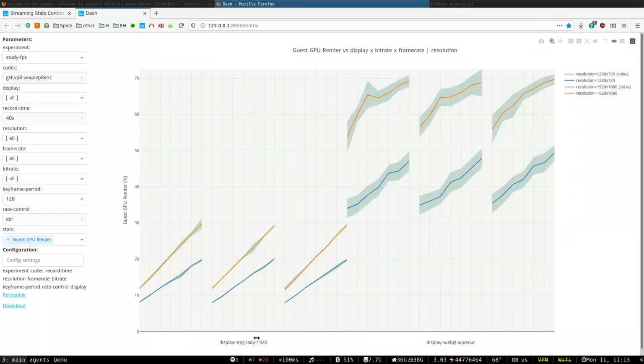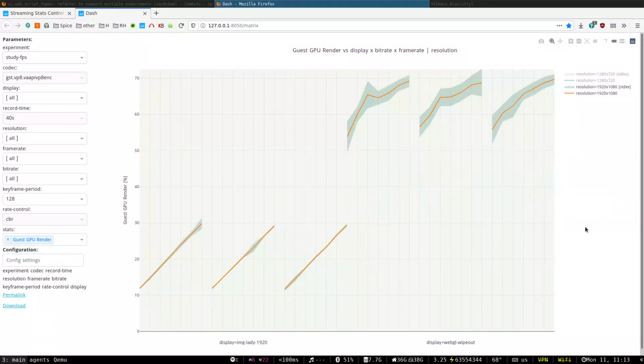If we sort it first by display, we have 2 different resolutions. So we see that for the static image, the GPU usage is between 11 and 30, and for the WebGL, it's much higher, between 50 and 70.